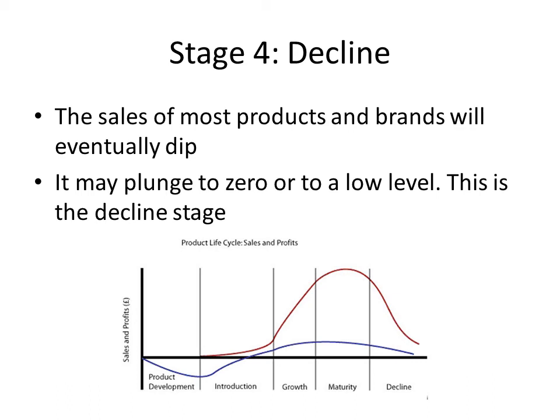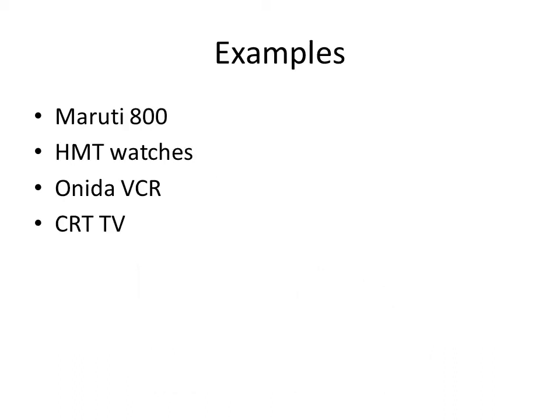So that brings us to the last phase, which is the decline phase. The sales of all products and brands will eventually dip. That's the way it is. And it may plunge to zero or a low level, and you can clearly see the sales dipping in this stage, going down.